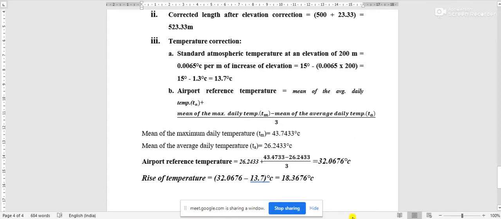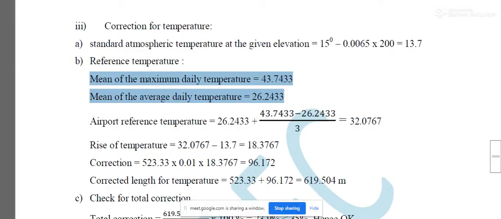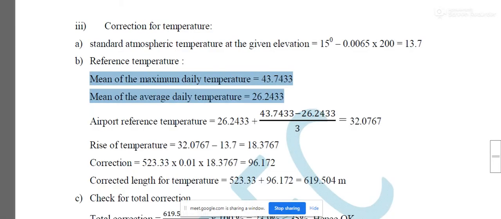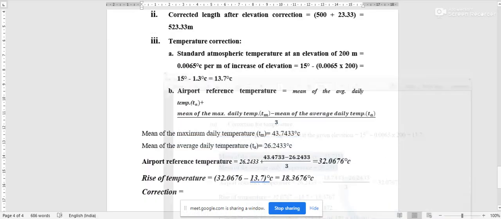Now correction for temperature is nothing but per degree Celsius. For per degree Celsius of increase of temperature, you have to increase 1%, that is 0.01 multiplied by 18.3676.